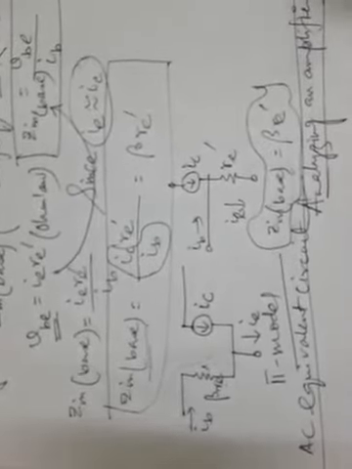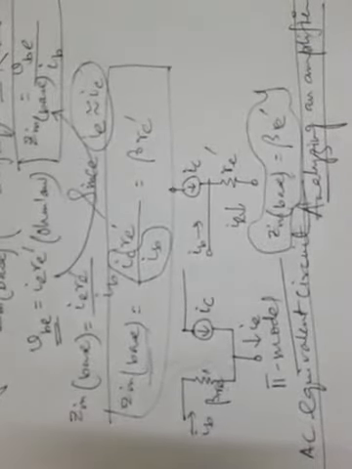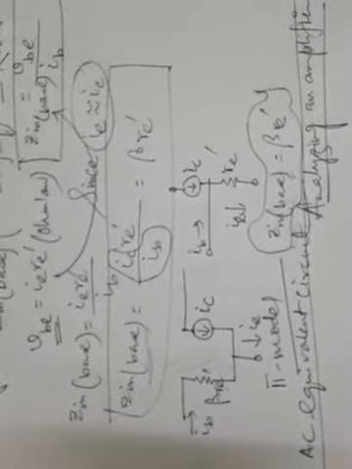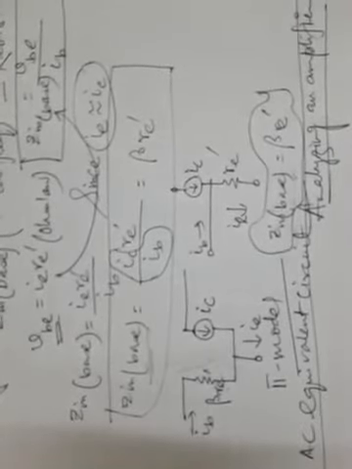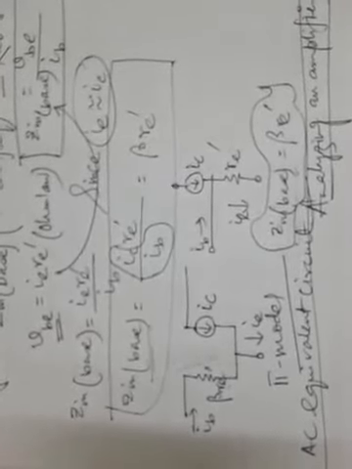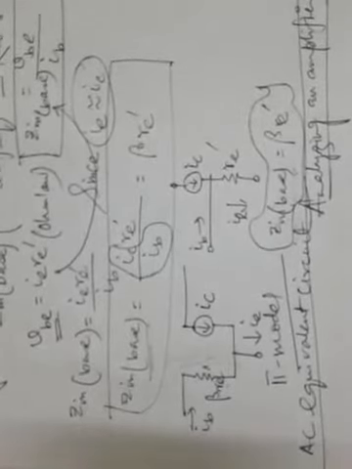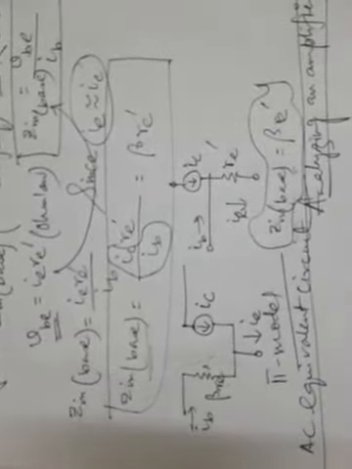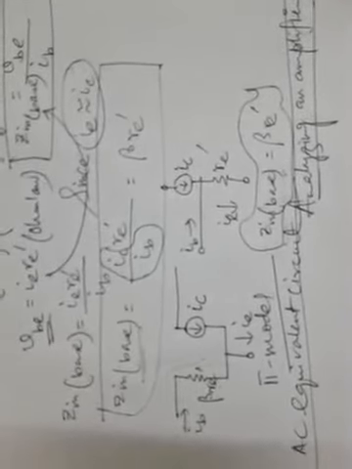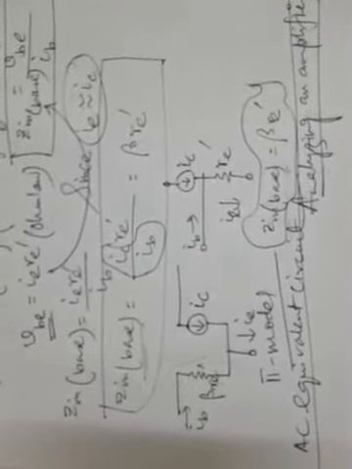Amplifier analysis is complicated because both DC and AC sources are present in the same circuit, so it is always complicated to analyze the operation of an amplifier. But to analyze amplifiers, we can calculate the effect of the DC sources and then the effect of the AC sources one by one. Gradually we can calculate each of the effects.